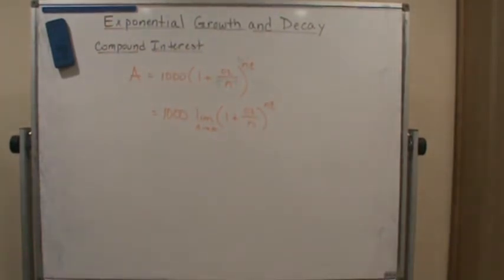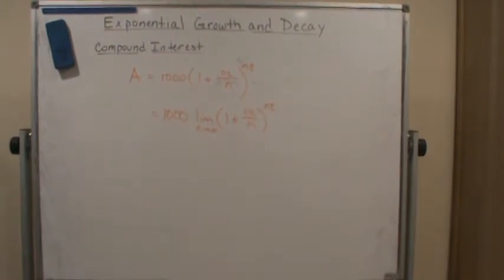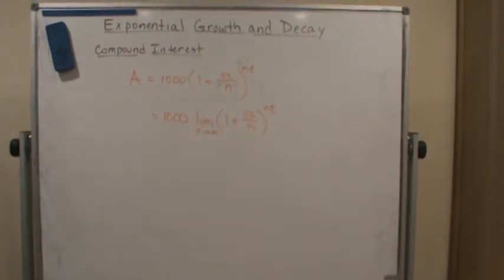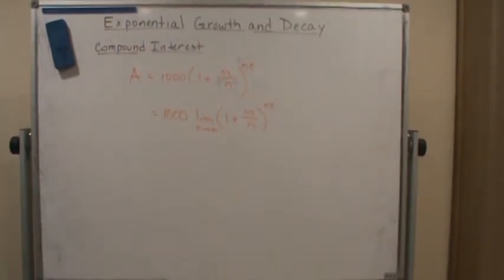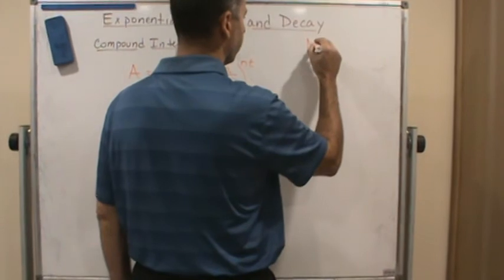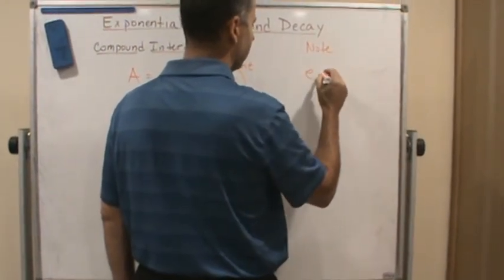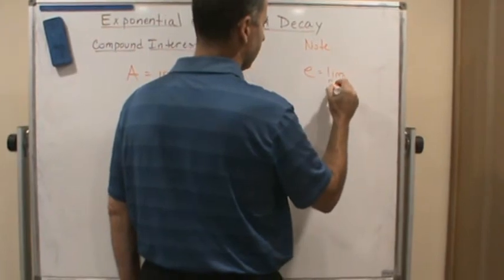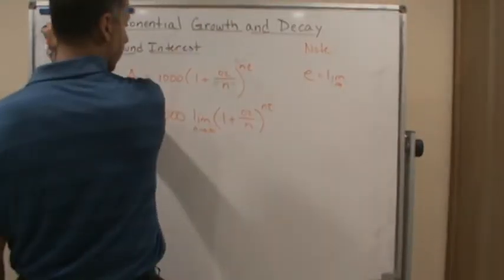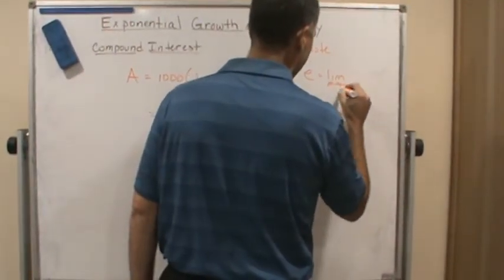Okay, so now this is where we're going to recall the limit definition of e, the number e. Okay? So what is that formula? So note, e is equal to the limit as n, let's use m, let's use m, limit as m approaches infinity.